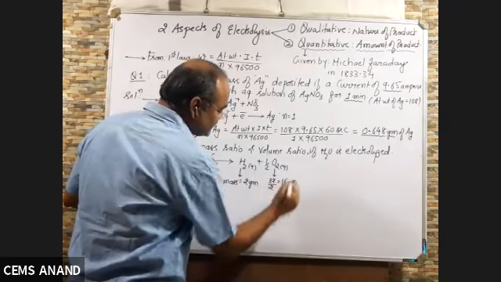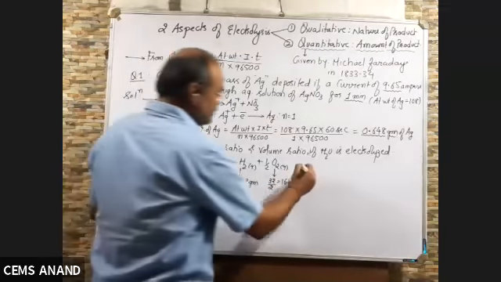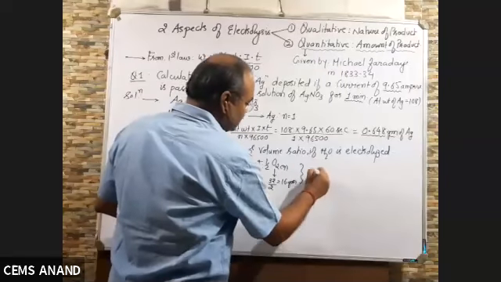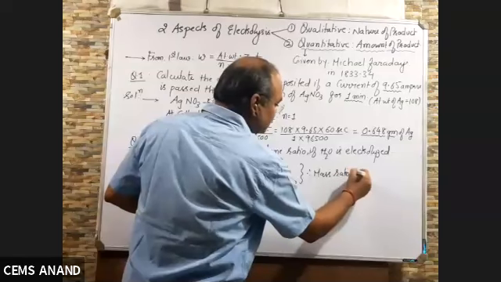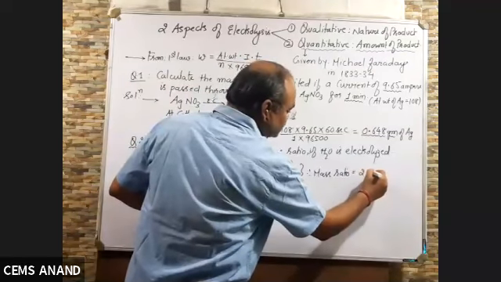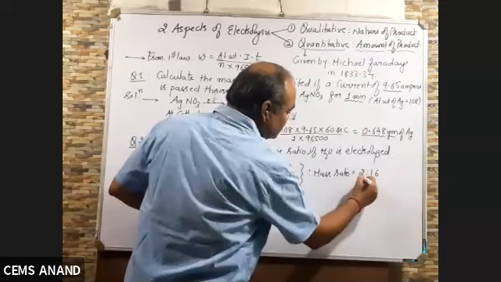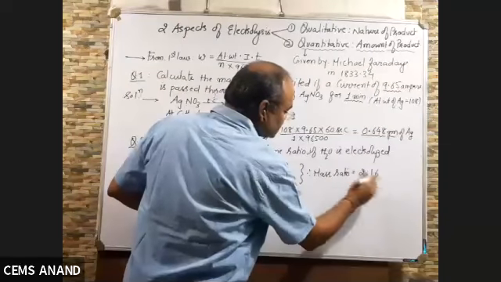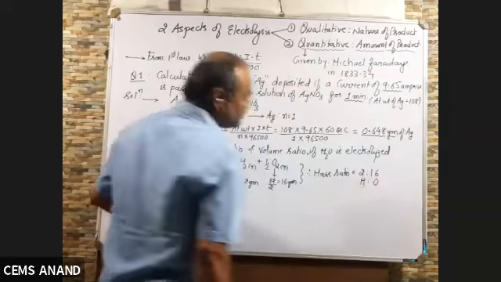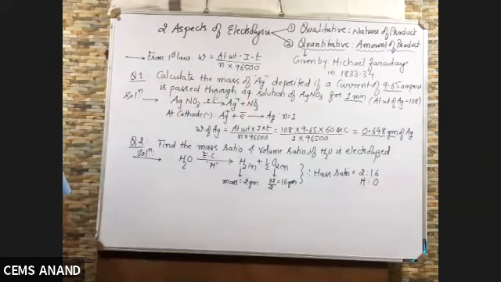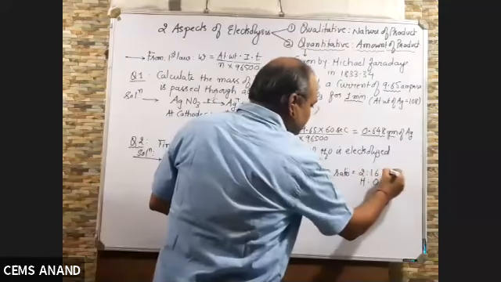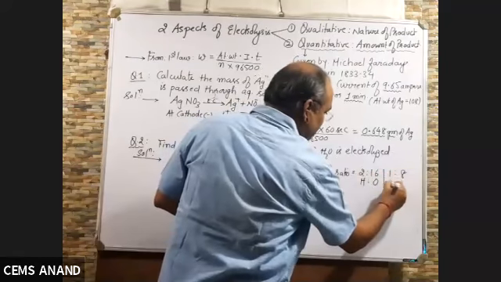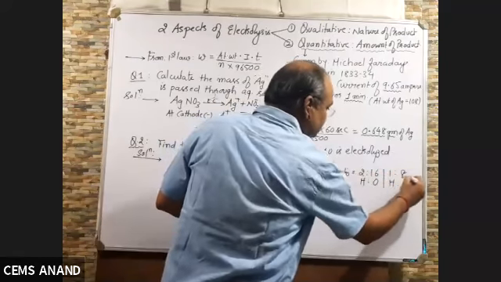Therefore, the mass ratio is 2:16, hydrogen is to oxygen. This is your first answer. Or simply you can write 1:8, hydrogen is to oxygen.